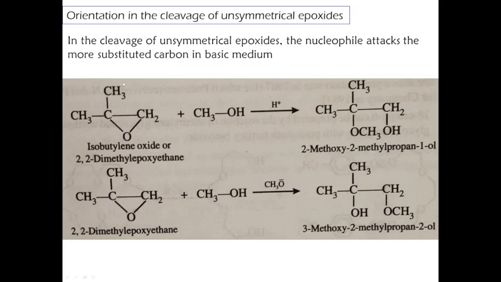For example, when we take a compound like isobutylene oxide, or 2,2-dimethyl epoxide, reacting with methanol in the presence of acidic medium, we get 2-methoxy-2-methylpropan-1-ol.